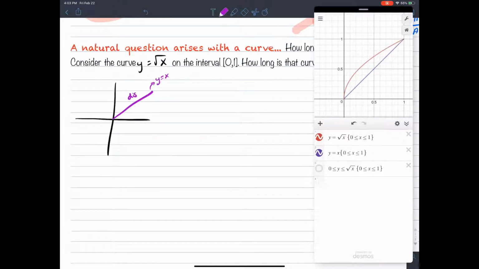Now if I wanted to calculate the distance, this is clearly just the Pythagorean theorem, right? If this is the point 0, 0, and this is y equals x on the interval from 0 to 1, that must be 1, 1. So we can see that straight line as a combination of 2 other straight lines, which again are super easy to deal with. This distance is 1, and that distance is 1.